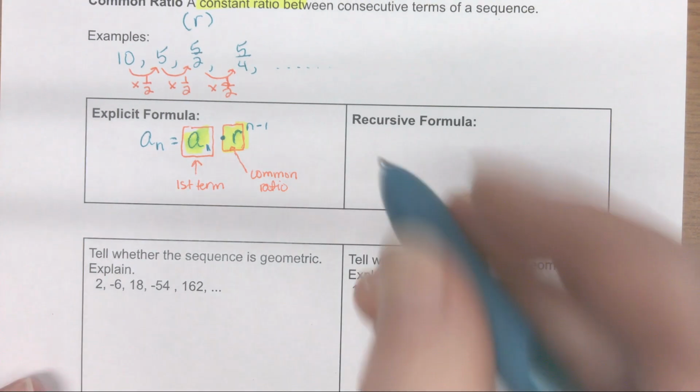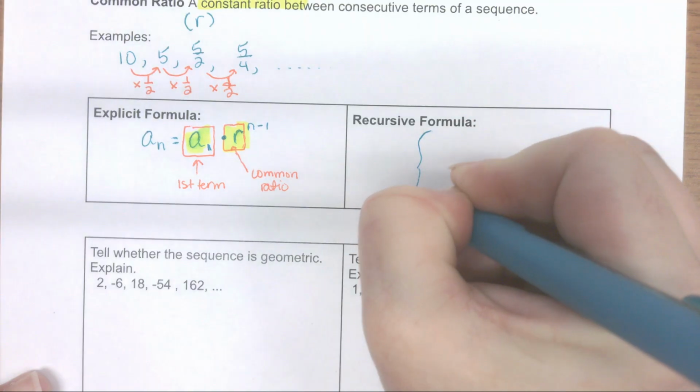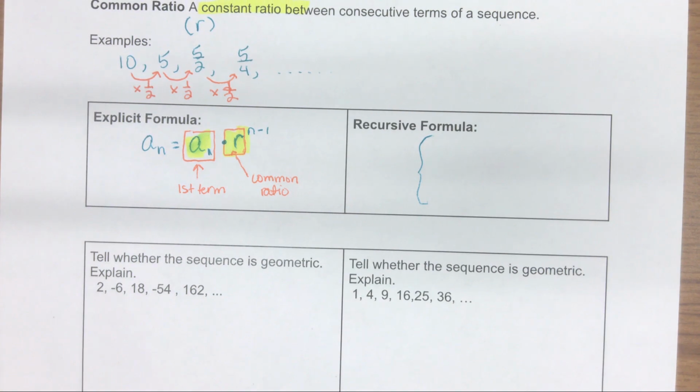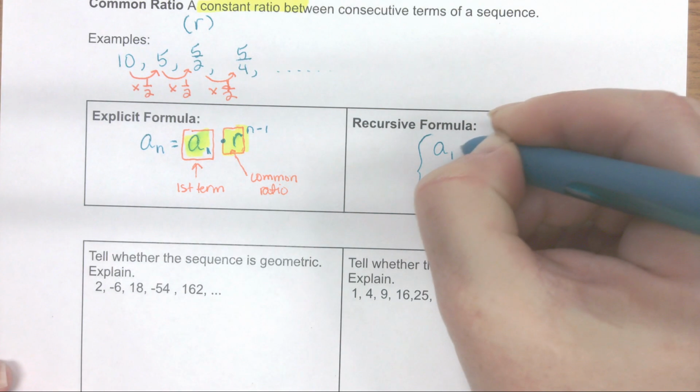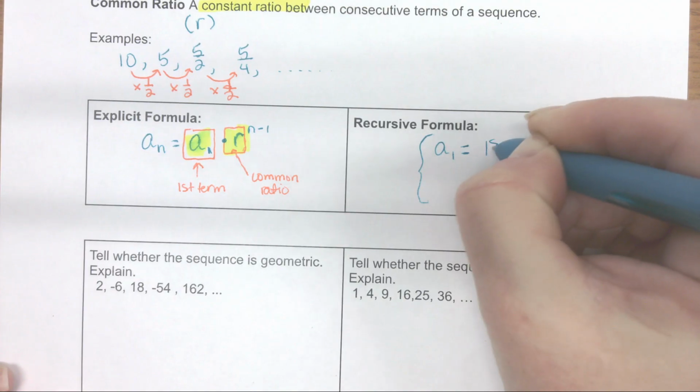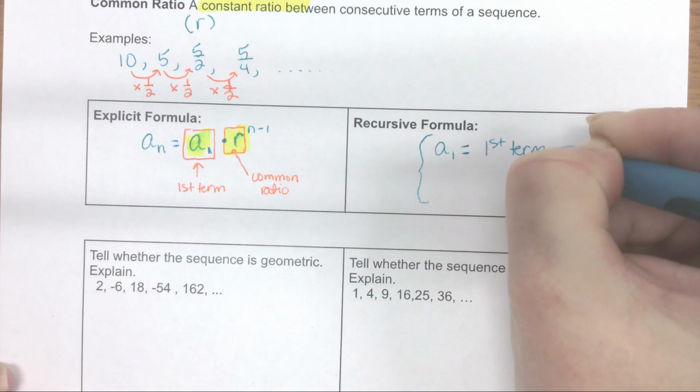All right, our recursive formula looks very similar to before. It's going to be 2 parts. You're going to define what a sub 1 is, and you're going to put the first term in.